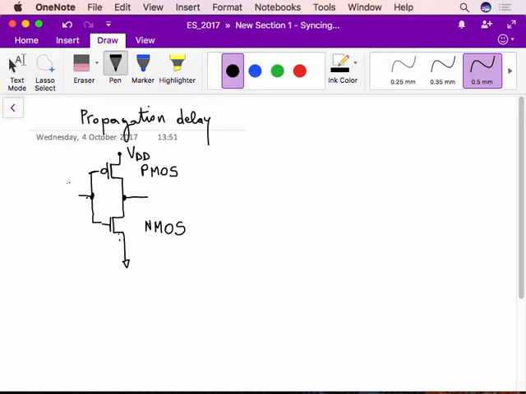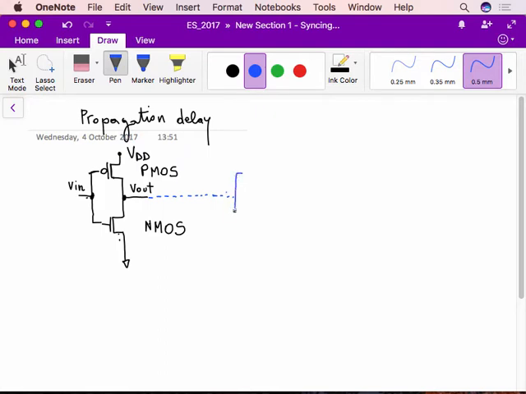Let's assume this is V in, this is V out, and the inverter, let's assume it drives a second inverter.